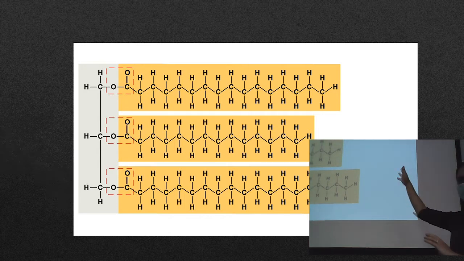Sorry, normally I'd point, but I'm going to be over here just to have the audio be better. Carbon is not oxygen. Carbon's not greedy for electrons. So this bond right here is pretty much nonpolar. It's just pretty chill.